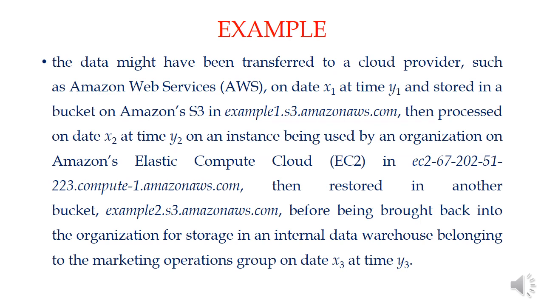It may be processed at some other date, denoted as date X2 and time Y2, on an instance being used by an organization on Amazon's Elastic Compute Cloud, EC2. Then it is stored in a file, and restored in another bucket, example2.s3.amazonaws.com, before being brought back into the organization for storage in an internal data warehouse belonging to the marketing operation group on date X3 at time Y3. This is the problem given.